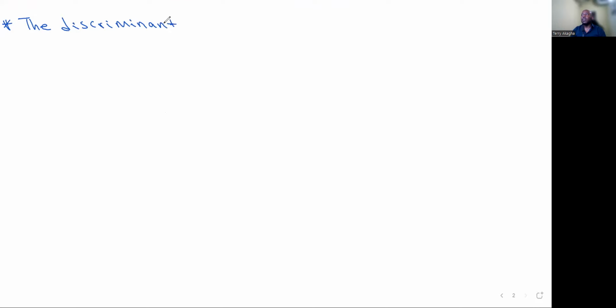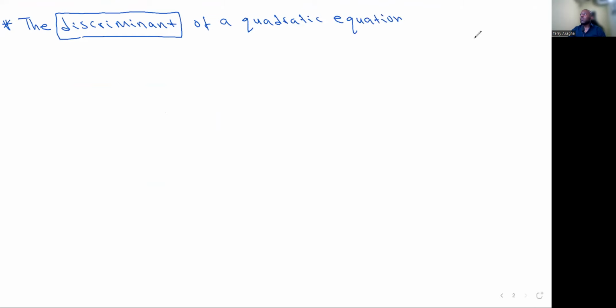okay, so let me put this in a box, just for emphasis. So the discriminant of a quadratic equation uses the coefficients. So remember, we talked about the coefficients, the a, b, c. These are the coefficients.